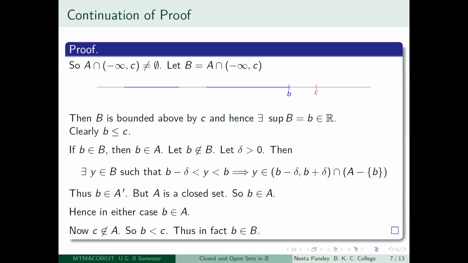So how are we going to argue that? First of all, if b belongs to capital B, then b belongs to A. There is nothing to be said, because capital B is a subset of A. Suppose b does not belong to capital B. Now you use the fact that it is the least upper bound of capital B. If you take any delta greater than 0 and decrease b to b minus delta, then this will no longer be an upper bound of capital B. Hence there will be a point little y of capital B so that b minus delta is less than y less than b.